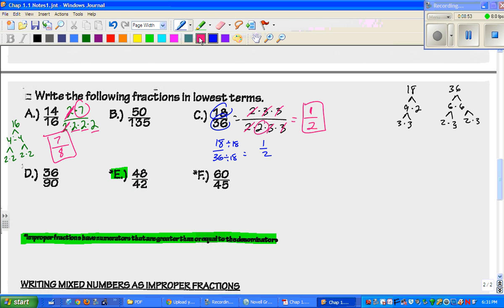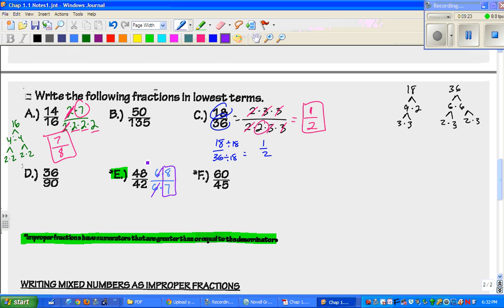The first two numbers that I think of when I see 48 are 6 and 8. And the first two numbers I think of for 42 are 6 and 7. Okay? Now, we can cross out the 6's, and now we're left with just 8 over 7. And that's our final answer.